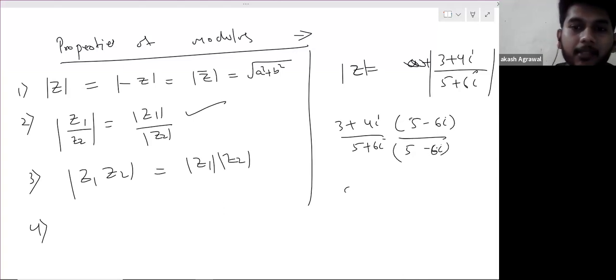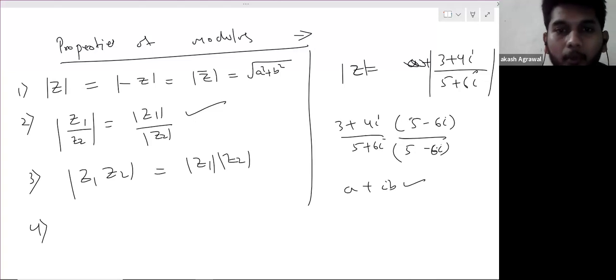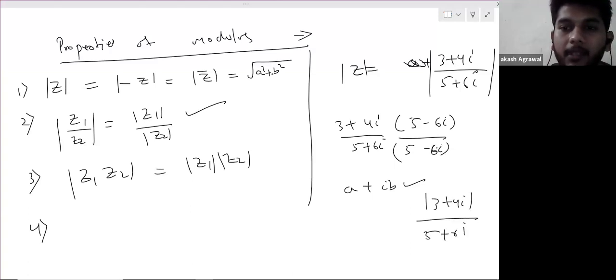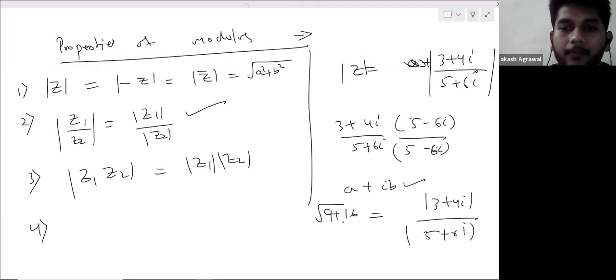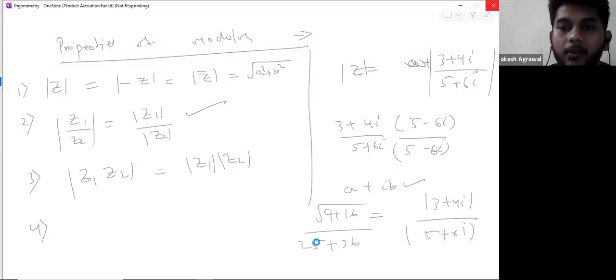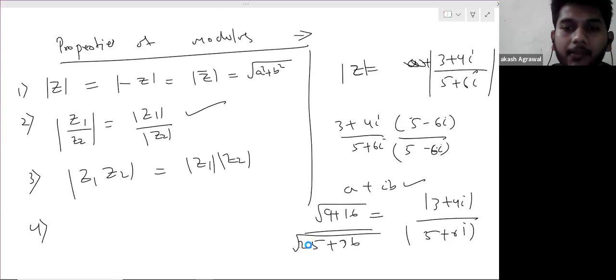After simplifying, you will get something like a plus ib, then you will find the mod. But if you know the property, then you can write mod of 3 plus 4i, whole divided by mod of 5 plus 6i. So this is the square root of 9 plus 16, and the square root of 25 plus 36. Got it, Yasir?